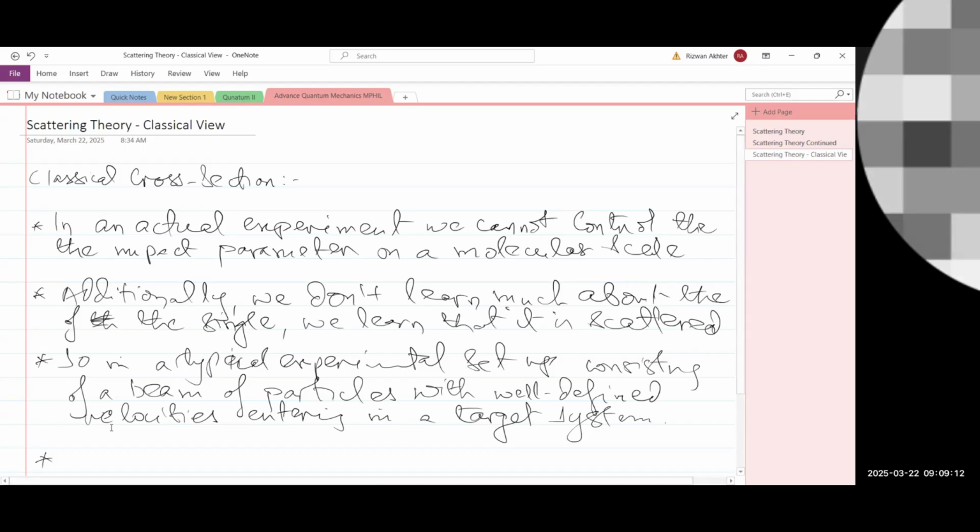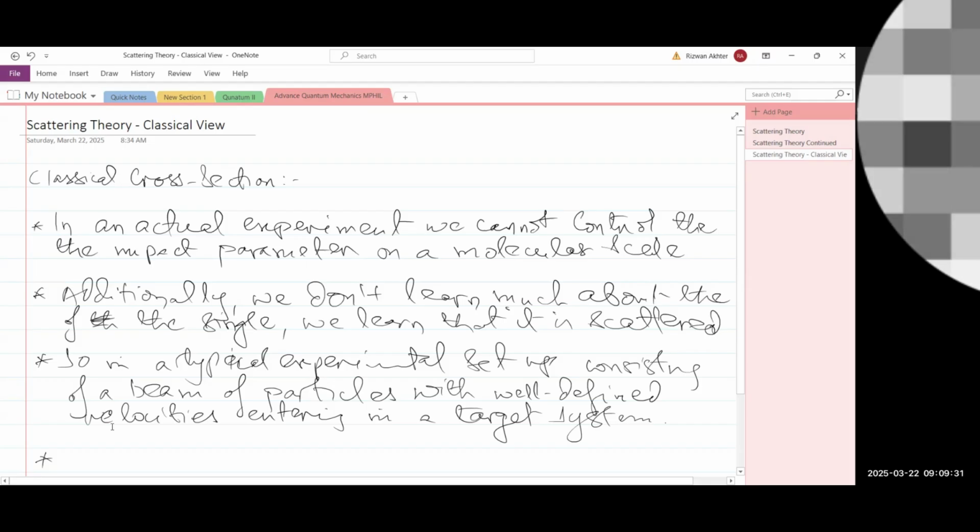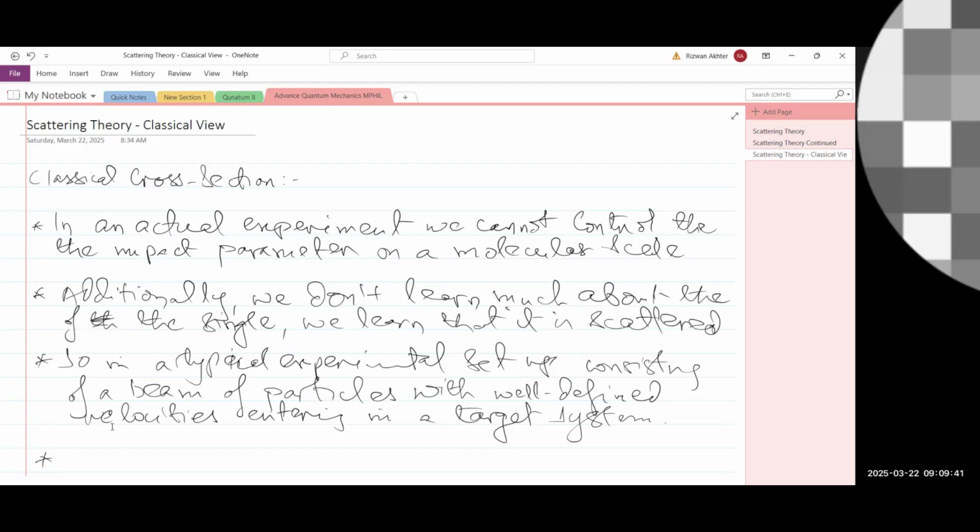Therefore, in such an experiment, we effectively repeat the single collision experiment many times with random impact parameters. It is not just a single event; there are many events, and the impact parameters are different. We do not have any control over the impact parameter, so the values are random.